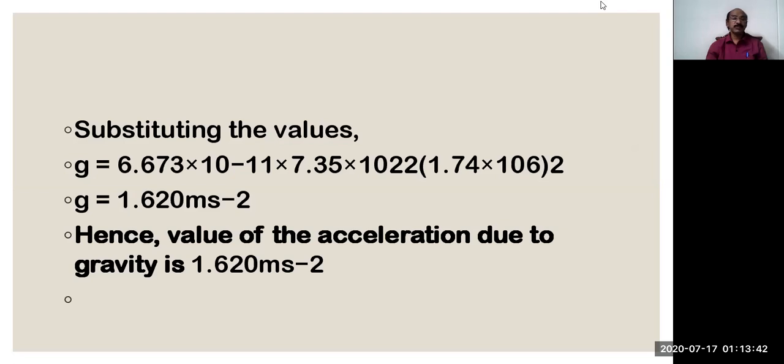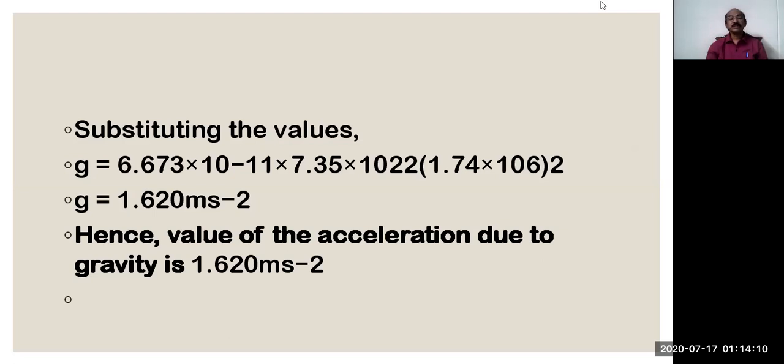And when the body is falling down, its g value is positive. Now, when the body is moving up, the equation v square minus u square equals 2as changes to v square equals u square minus 2gs, or v square minus u square equals minus 2gs.